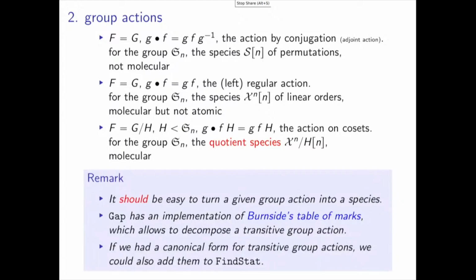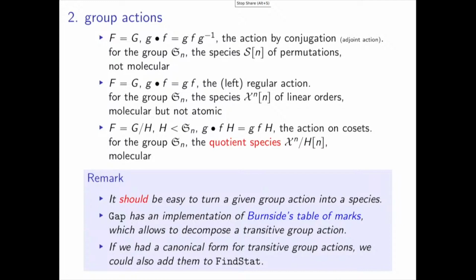And what I would like to have, as a second project, is that it should be easy to turn a given group action into a species in Sage. So I define a group action using GAP, and then I say, I would rather have it as a species. That should be possible.